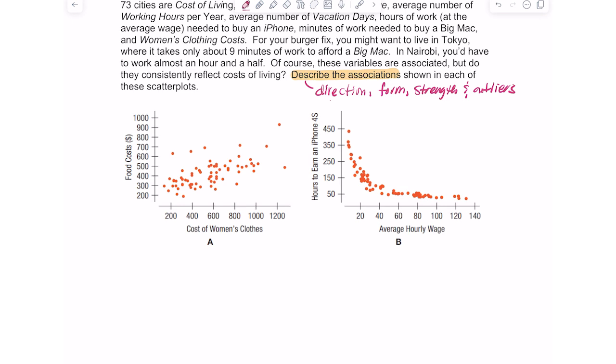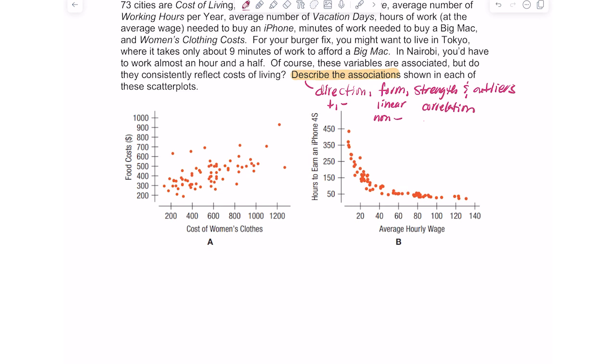So when we say direction, we're talking about, is it positive or negative? When we say form, we're talking about, is it linear or is it nonlinear? And when we're talking about strength right now, we're going to be discussing a term called correlation, which measures the strength of an association between two quantitative variables.